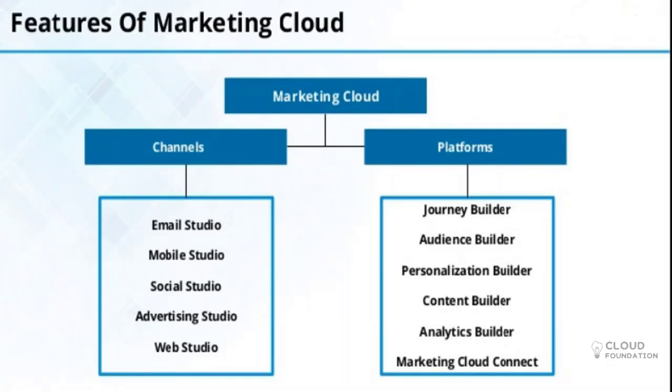Email Studio lets us send individual or mass emails to end customers. Mobile Studio has two parts: Mobile Connect and Mobile Push. Through Mobile Connect we can send SMS, and through Mobile Push we can send push notifications to apps.